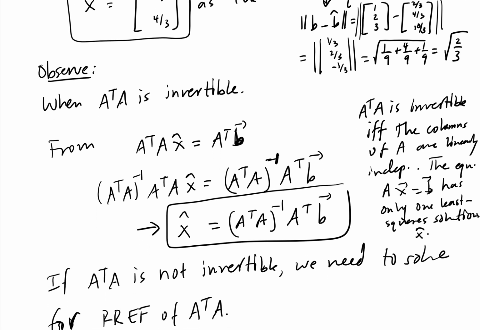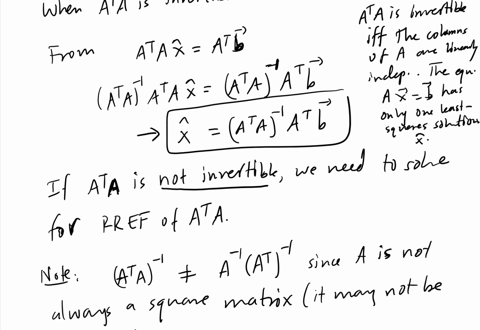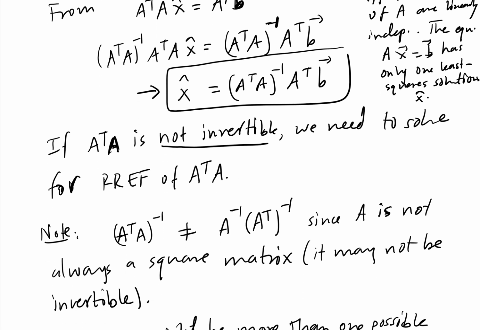If A transpose A is not invertible, what happens? We need to solve for the reduced row echelon form of A transpose A. And one thing important to keep in mind is that A is not always a square matrix, right? So in this case, (A transpose A) inverse does not always equal A inverse times (A transpose) inverse.